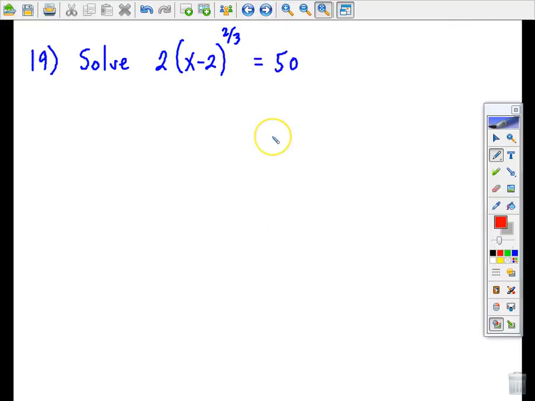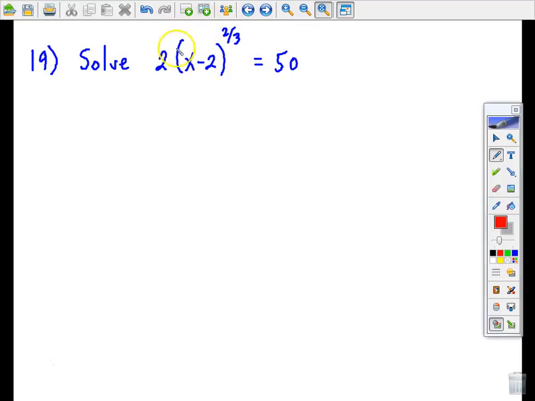Number 19, we've got to solve this rational exponent equation. Well, it's actually a radical equation. The first thing we have to do is isolate this radical.